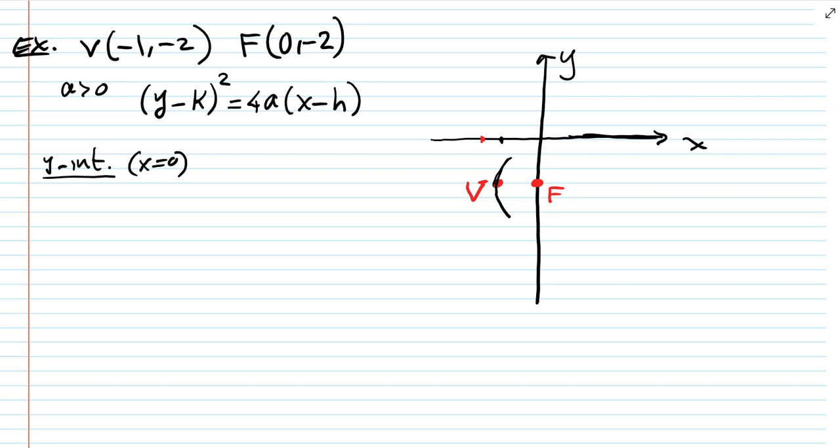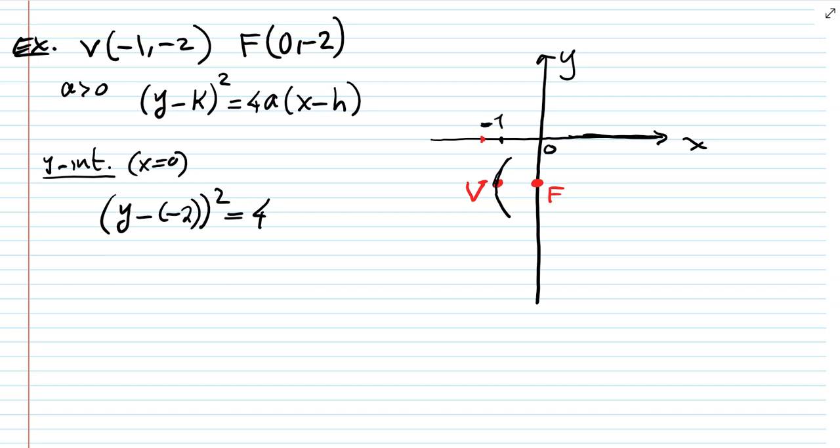Now, the vertex is (-1, -2). I'm just going to plug into our formula: the negative of negative 2 squared equals 4a. A we don't have yet, right? Well, A, I can actually find it.